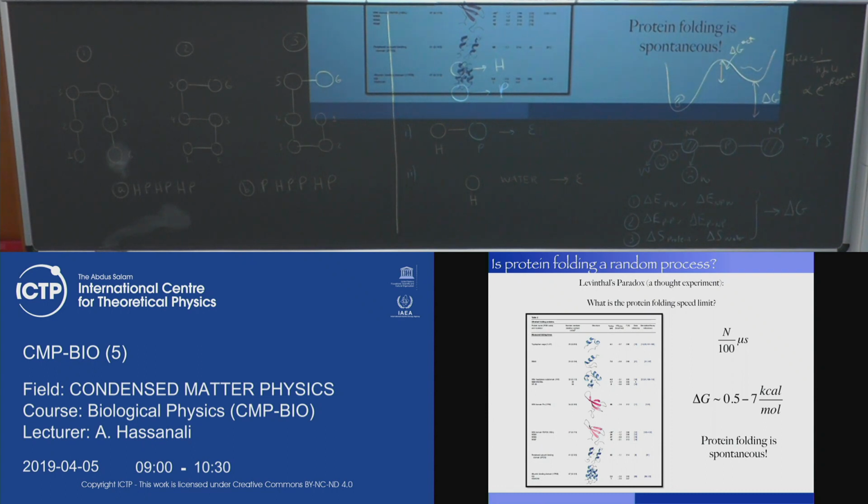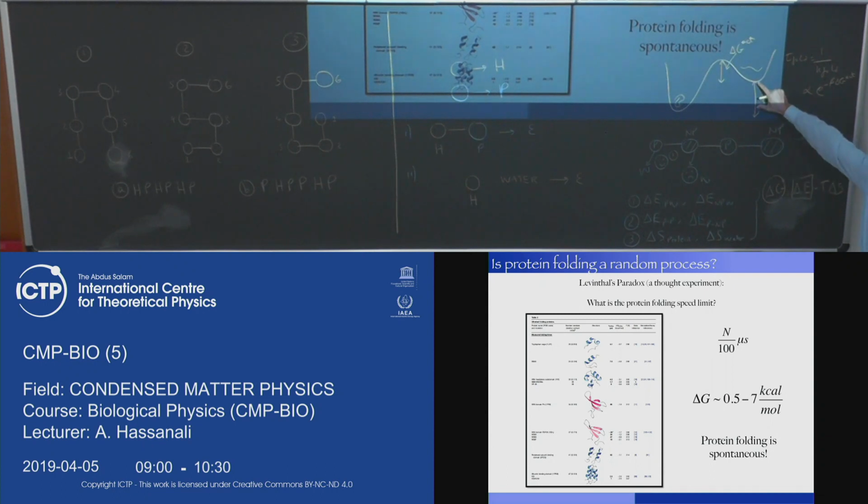Okay, good. So let me maybe put this. This delta G, let's put delta G0 so it's in the same notation.